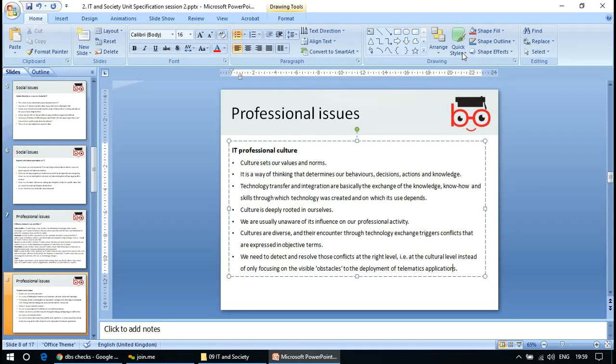Professionally, you are an IT professional. But it's a way of thinking that determines our behavior, decisions, actions, and knowledge.